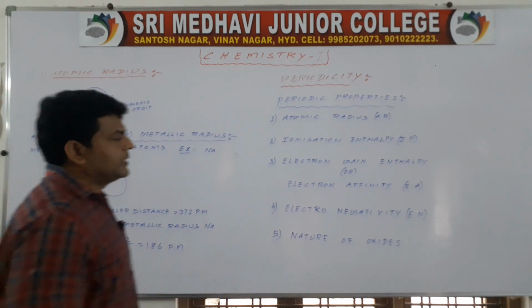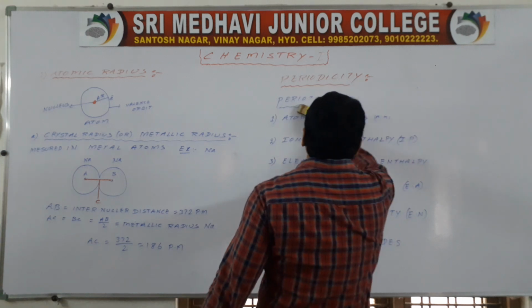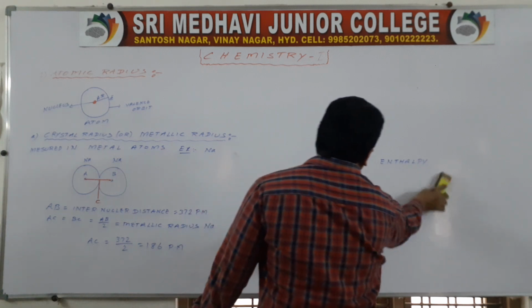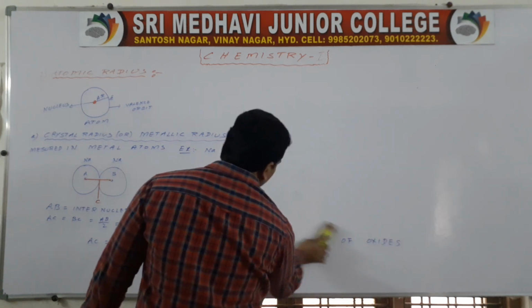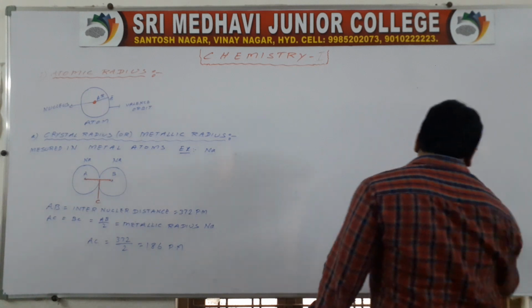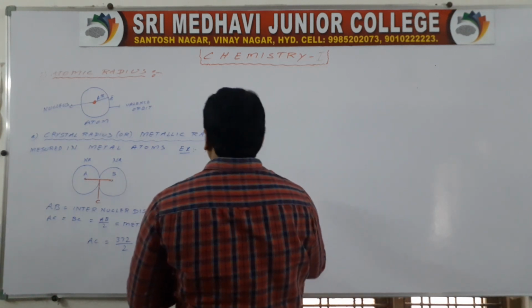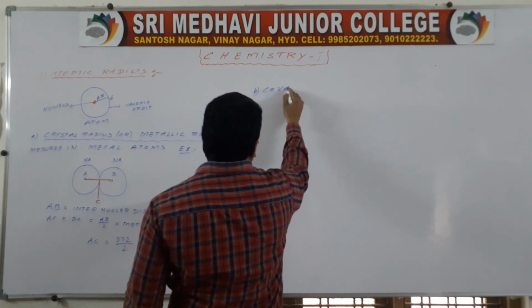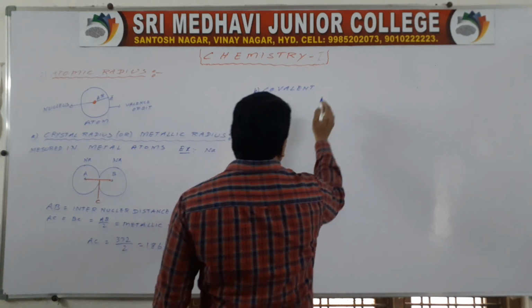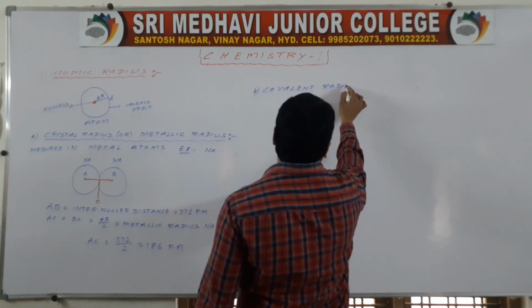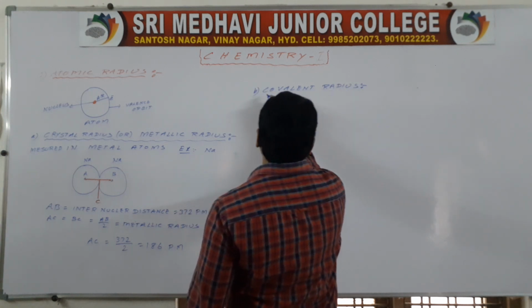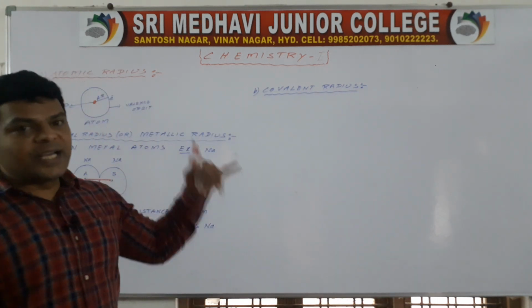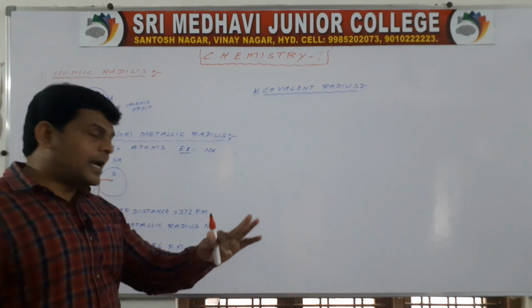Understand this. Then you have to know the covalent radius. The second one, B, is covalent radius. It is measured in non-metal atoms.